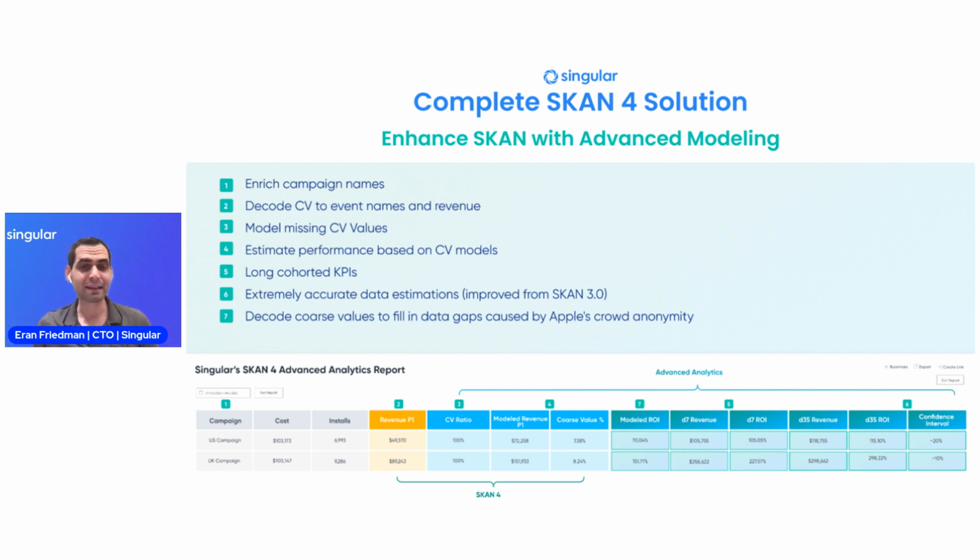And lastly, and this is what we're very excited about, you'll be able to complete your missing information in a single place, in the deepest granularity possible, and with the longer cohort signal.